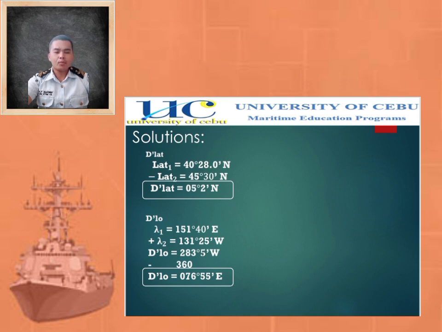So get your calculator and subtract 283 degrees 5 minutes west from 360. We will come up to the answer of 076 degrees 55 minutes east.